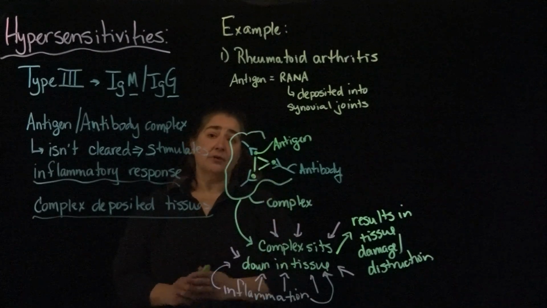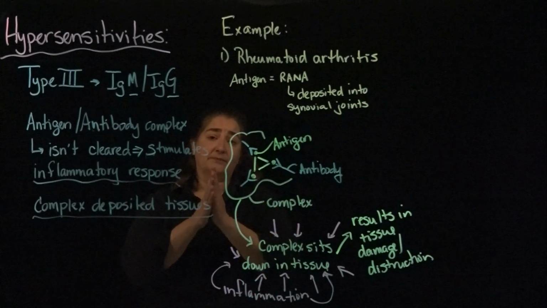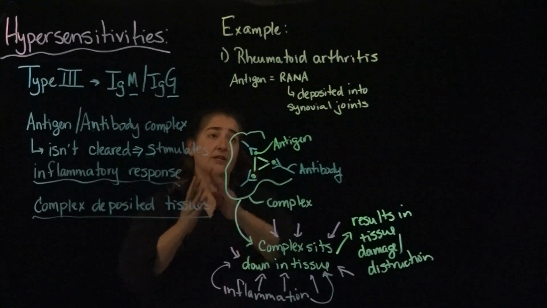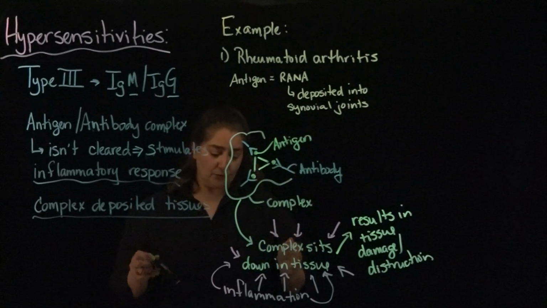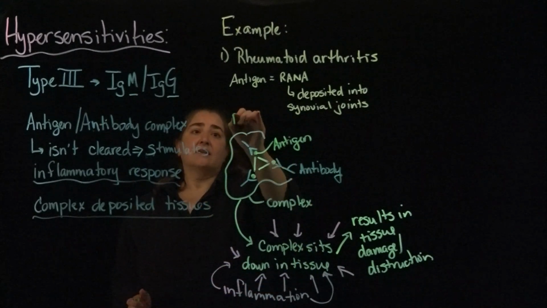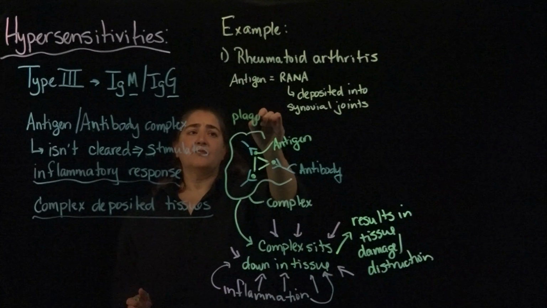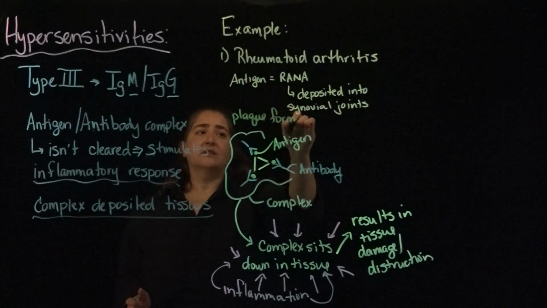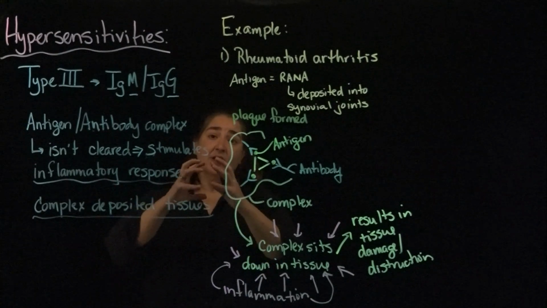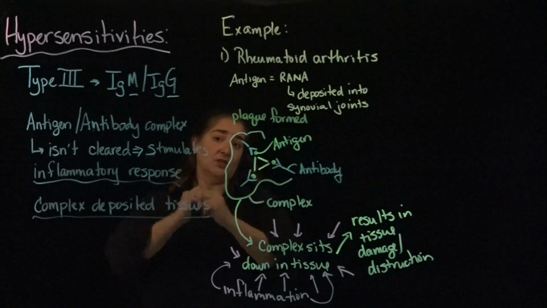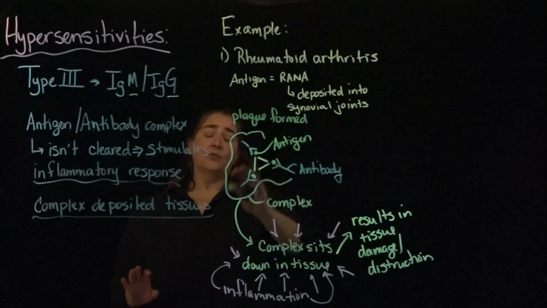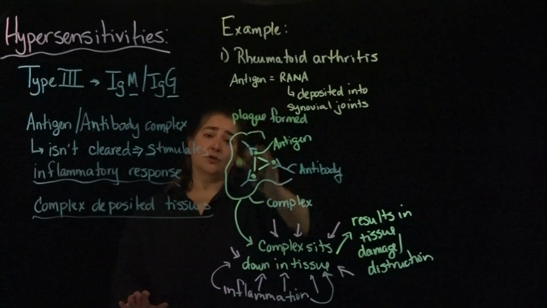Now, with rheumatoid arthritis, you can also have some issues associated with the bone and the destruction of the joint, but what ends up happening is you end up getting a type of plaque formed on the surface of the joint, and that's what causes the bulging and the swelling associated with the joint, in addition to the inflammation.